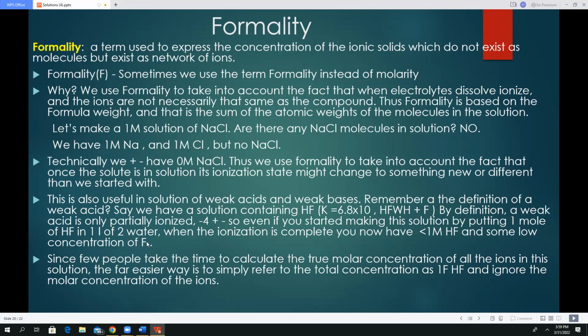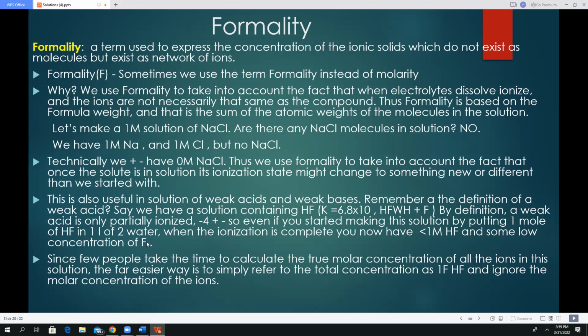Why? Because since it's a weak acid, it reacts back and forms the hydrogen fluoride, or the hydrofluoric acid, again.